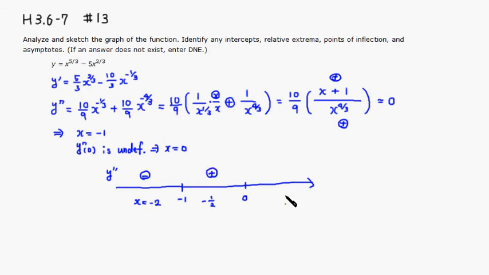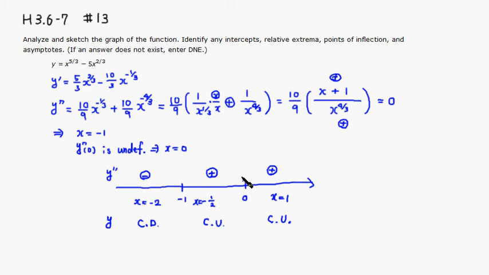Let's try something bigger than 0. So we'll try 1. 1 plus 1 is positive. The bottom is always positive, so it's going to be positive. So there's no concavity change here, so y is going to be concave down here, concave up here, and here it's still concave up.